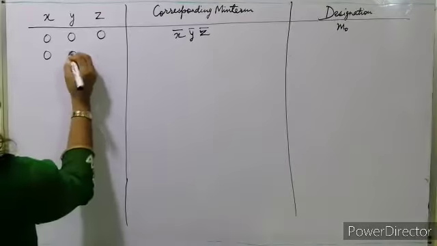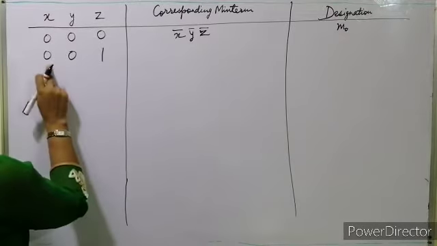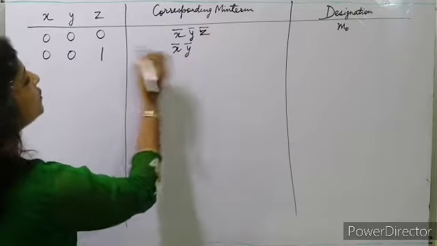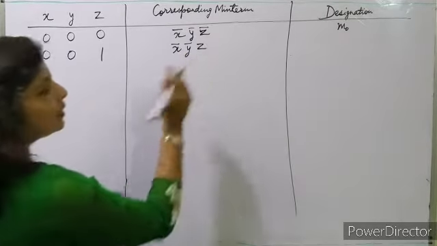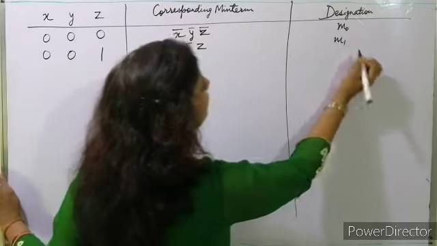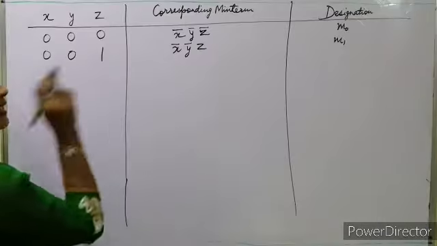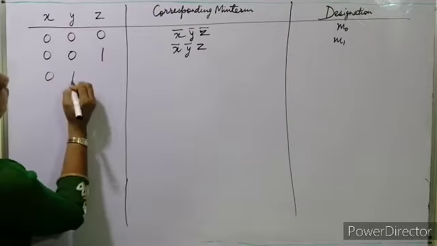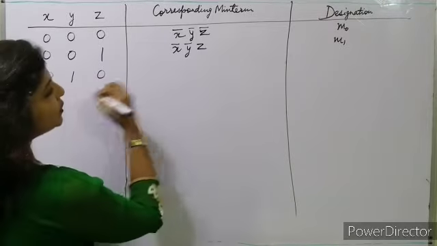Now 0 0 1. This is complement of x because x is 0, complement of y because y is 0, and z because z's value is 1. Since 0 0 1 is 1 in binary, this is m1. Next 0 1 0, whose value is 2.